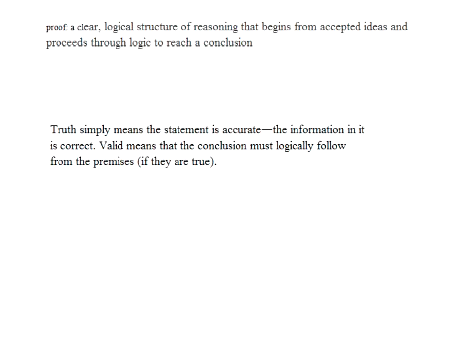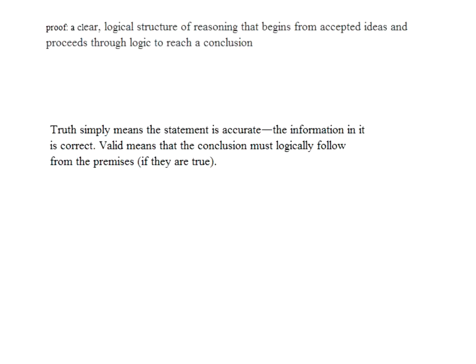So, in that spirit, a proof, and if you are writing down definitions, this would be the time to write down the definition of the word proof. A proof is a clear logical structure of reasoning that begins from accepted ideas, proceeds through logic to reach a conclusion.